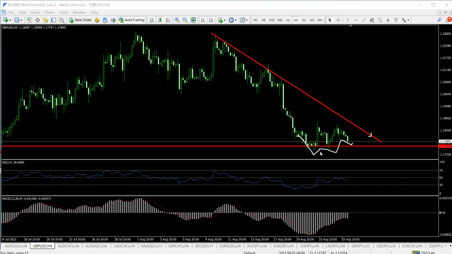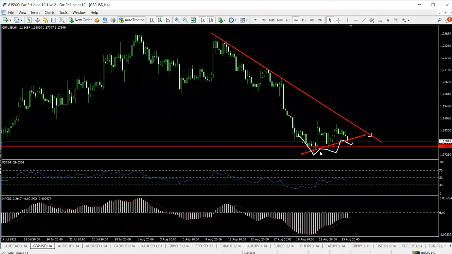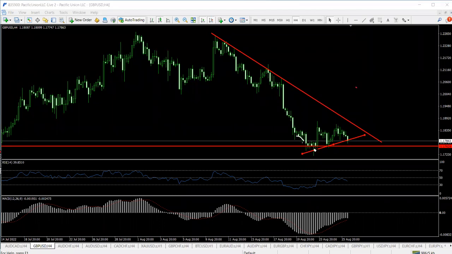However, this point here is still a valid support. So either it bounces off here, or it will still come down and touch this place the third time, making it a triple bottom. So just watch out. There could be a reversal.